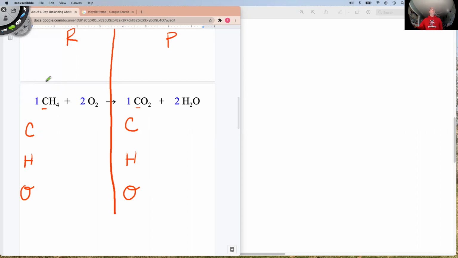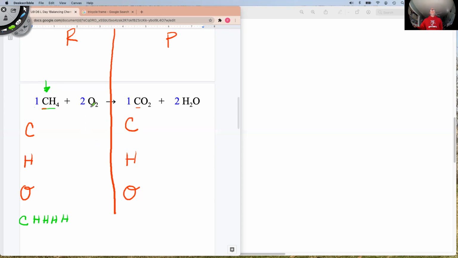I'm going to start with the carbons first. How many carbons do I have? Well, I have 1 CH4 molecule, okay? So I have 1 carbon with 4 hydrogens.